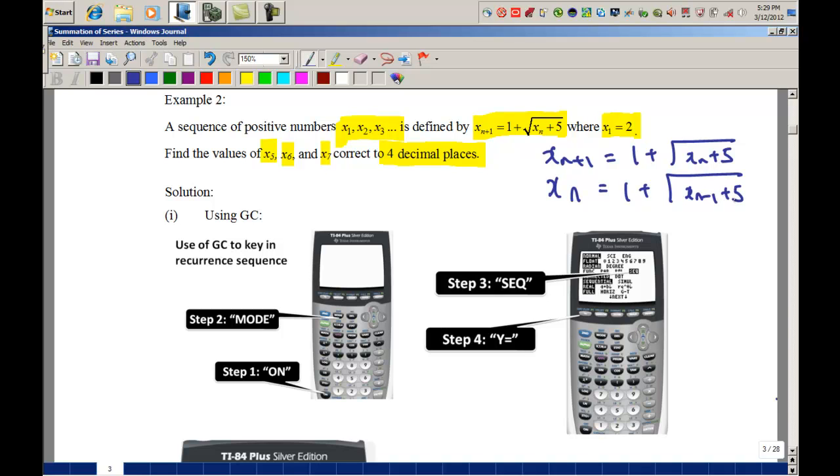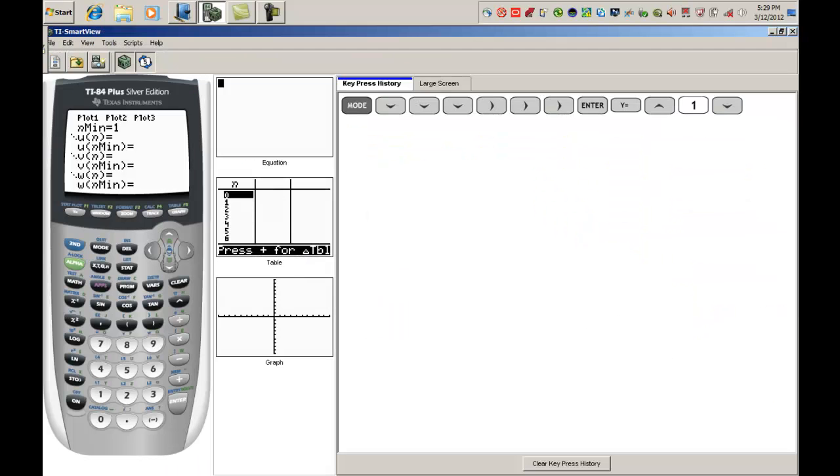It is essentially the same formula. The only difference is on the left hand side you have the n, and on the right hand side you have the n minus 1. So I will key in this formula into the calculator. So the formula has got a 1 plus square root.